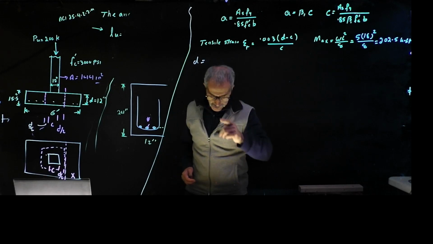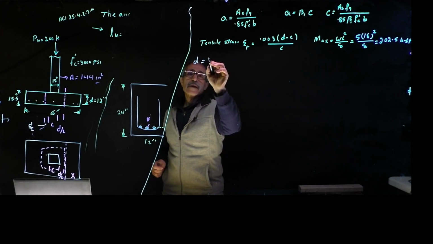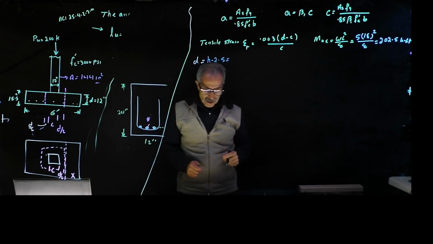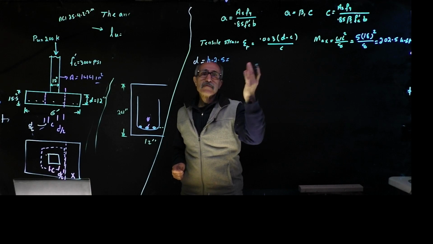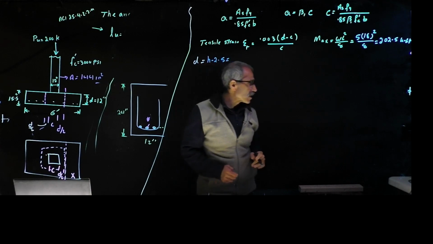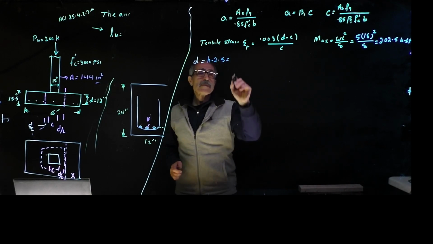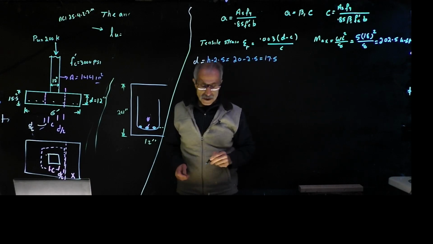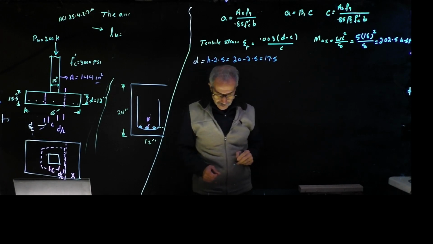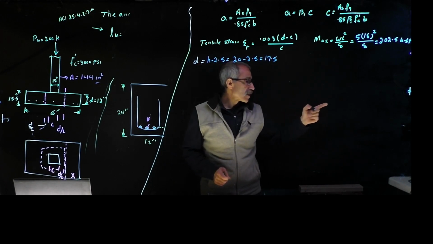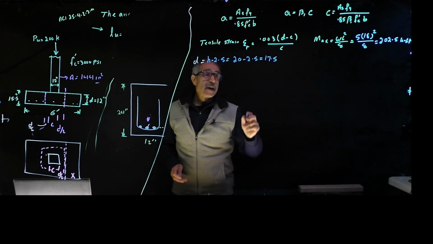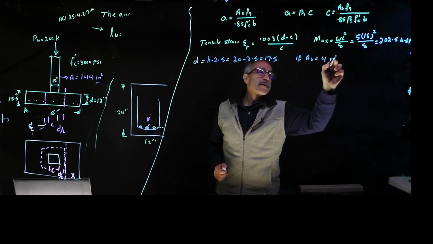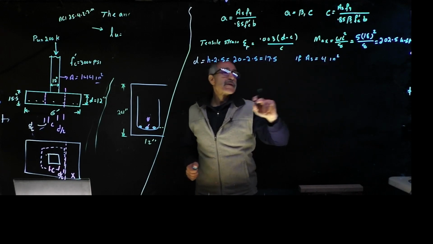And let's find the effective depth, which is basically just h minus 2.5. Let's use that, make it quick. Since we don't have enough information, the depth was what? 20 minus 2.5, and that's 17.5. Let's try the answer of 4 square inches, see if that's going to work. Say As is equal to 4 square inches, therefore I'm going to come back and calculate my stress block.